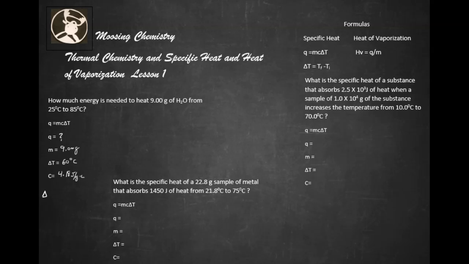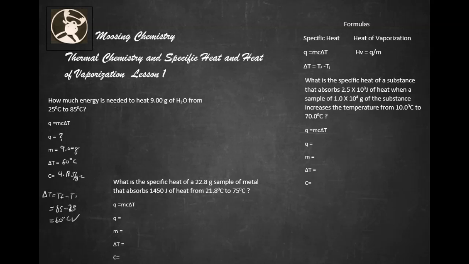Well, delta T equals T final minus T initial. So this is going to equal 85 minus the initial temperature, which was 25. And that will give me my 60 degrees Celsius. That's where that came from.